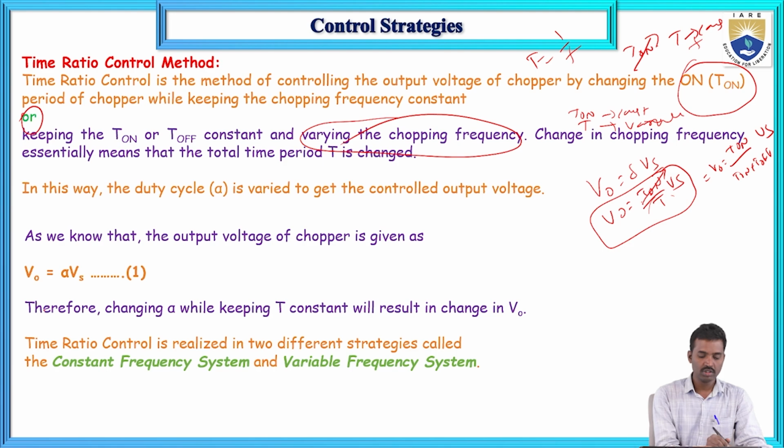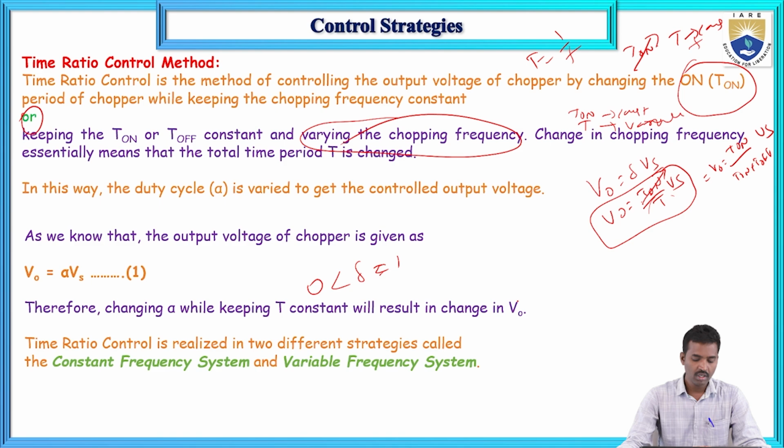Now in this formula, V naught equals delta or alpha, and the delta value is always between 0 and 1. So by keeping T constant, the result will be the output voltage.